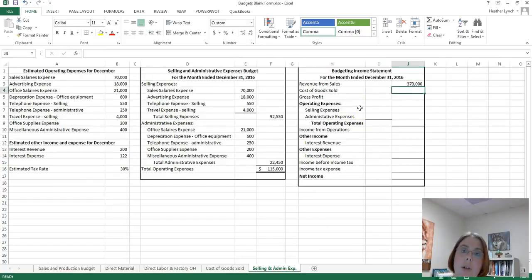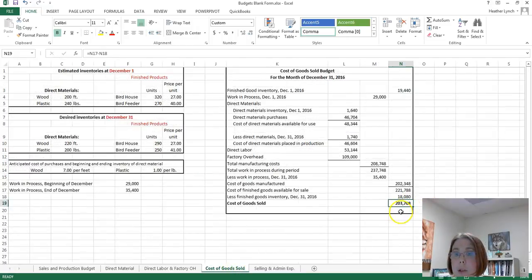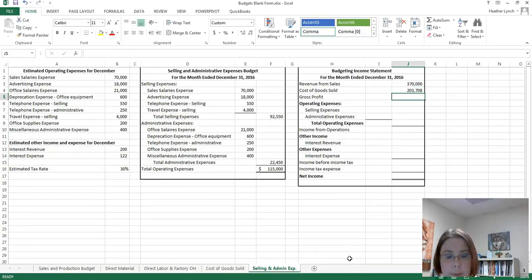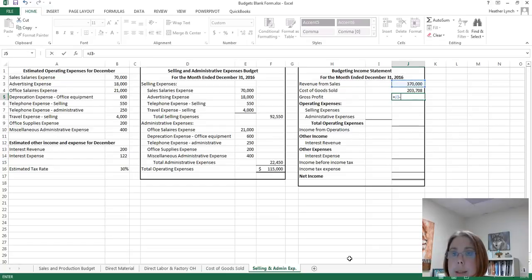Your cost of goods sold, you just completed that. That is the $203,708 that we did in the cost of goods sold budget. So let's put that amount in. Okay, your difference between the two, the 370 minus the 203,708 gives you $166,290. That is your gross profit.